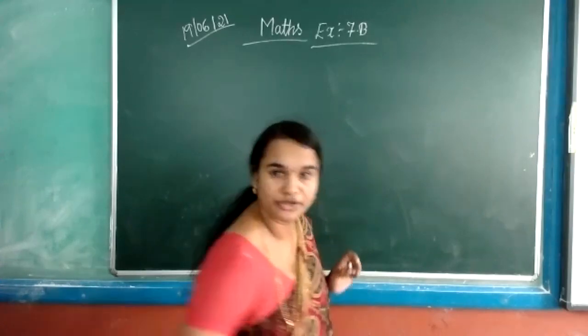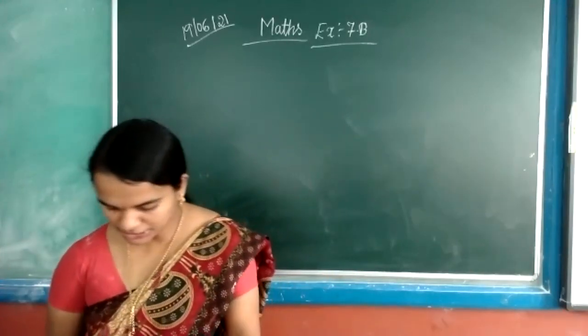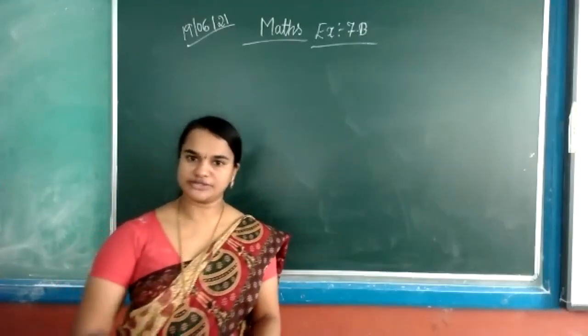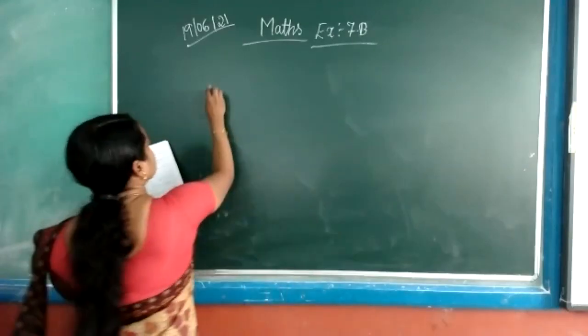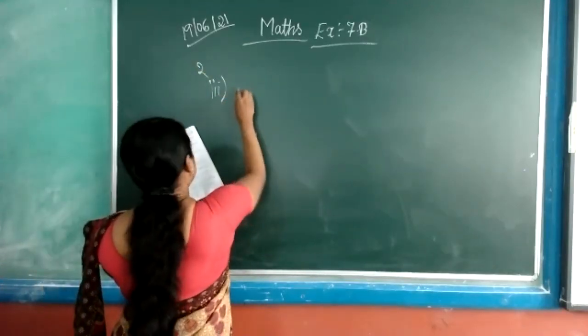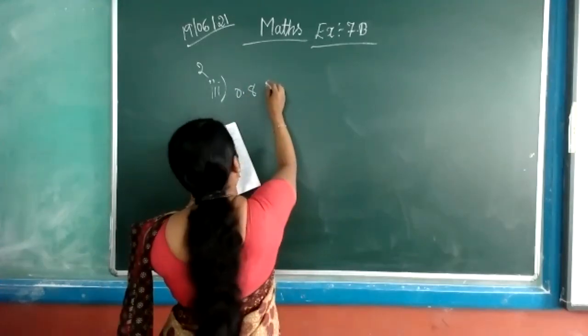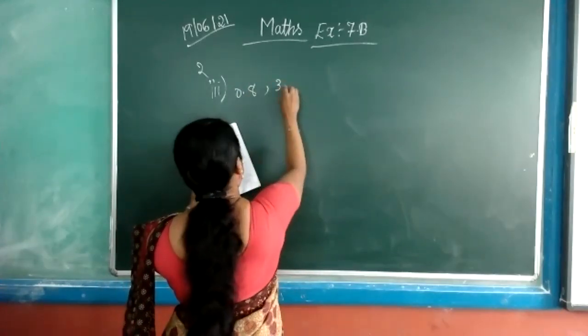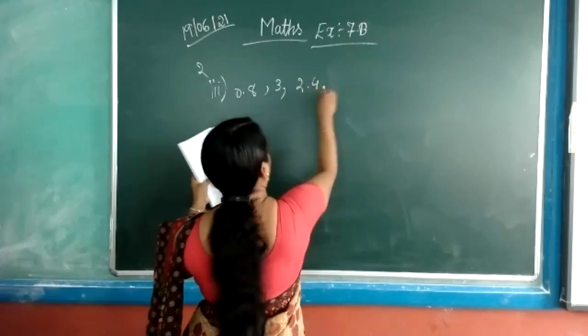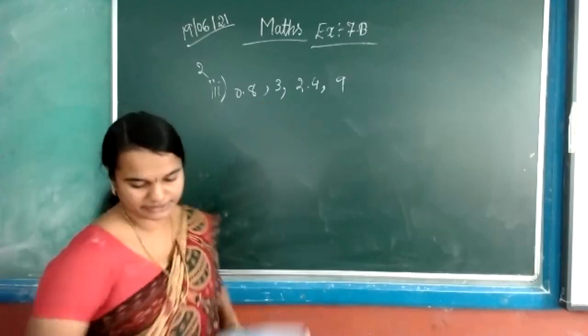Now fraction, all of you understood now how we have to do it? The second part will be reciprocal. Now question number 3, decimal, that also I will solve. Second and third one, 0.8, 3, 2.4 and 9.